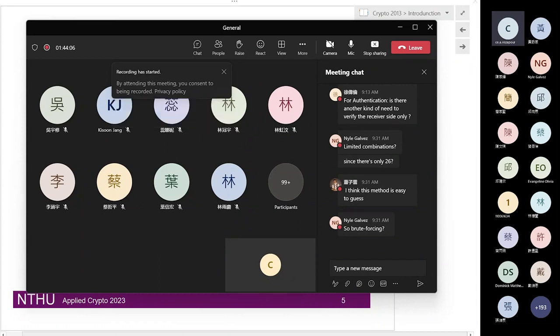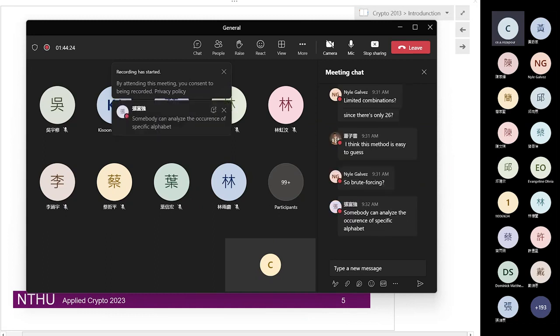If you do not want to brute force, there are other methods called statistical analysis. In a statistical analysis, you know that some of the letters in English appear with a higher frequency than the other ones. For example, E, A, I, O, the vowels would appear way more than other letters such as X, Y, Z. So somebody can do that kind of statistical analysis.